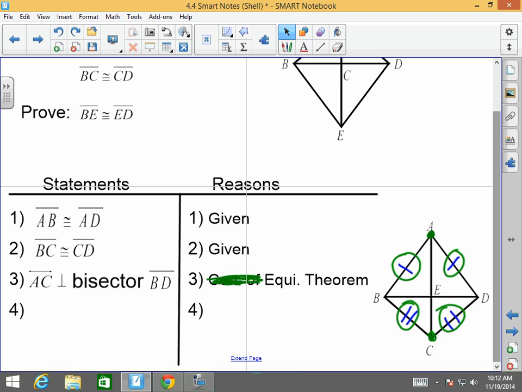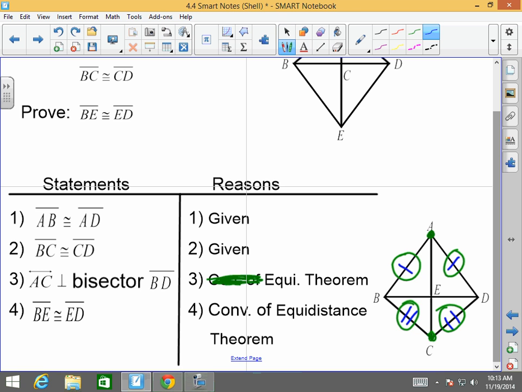Now, how do I prove that BE is congruent to ED? That is the converse of the equidistant theorem. Okay? Since BD is the segment that both A and C are equidistant to, that means that BE has to be congruent to ED.